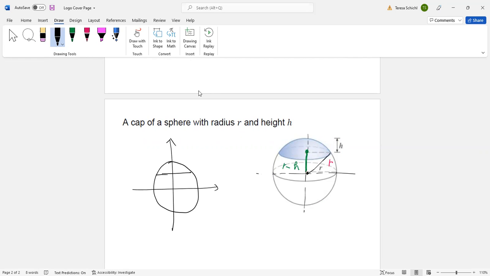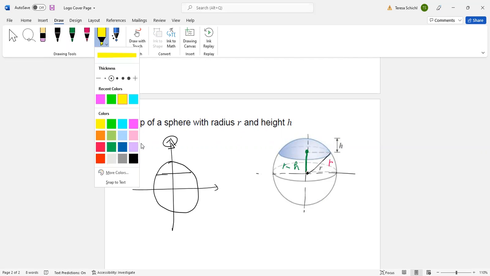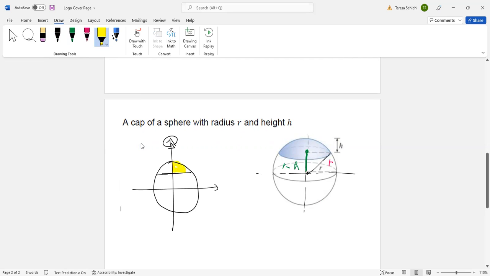If you rotate along the y-axis, look at this area here. If you rotate this area around the y-axis, it is going to generate this cap.